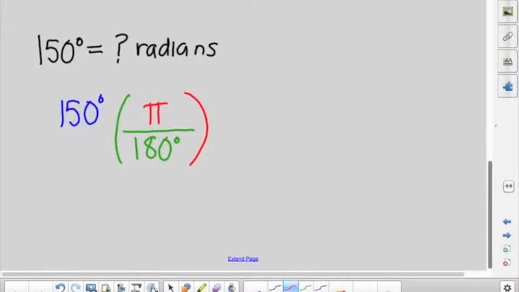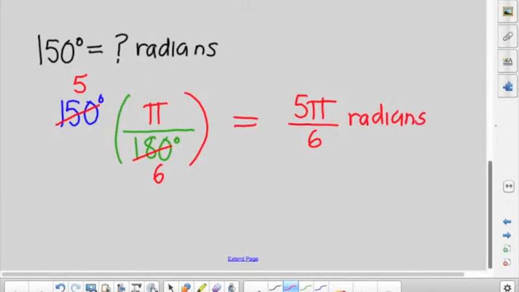So that's why in order to convert from degrees to radians, we always multiply by pi over 180. Now I know that 150 and 180, we simplify that fraction, it becomes 5 over 6. So this means that 150 degrees is equivalent to 5 pi over 6 radians. Or 5 pi over 6, it's implicit.